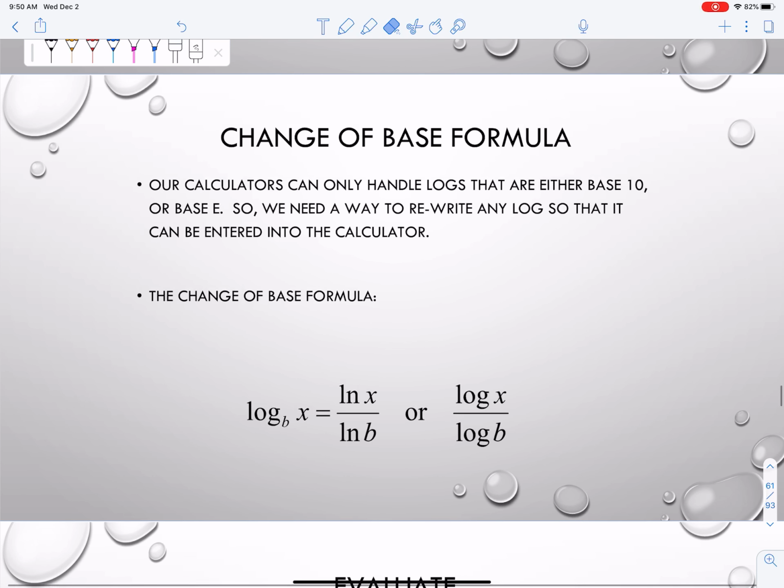Next thing we need to talk about is the change of base formula. All right, I could take really any log that I want, log base b of x, right? The only two log bases that our calculators work with are either log base 10, which is just our regular log, or the natural log, or log base e.